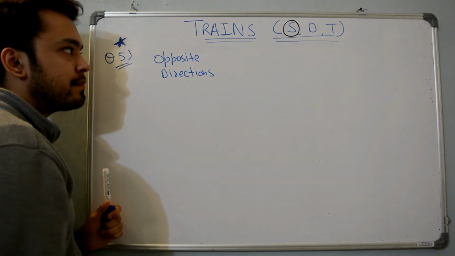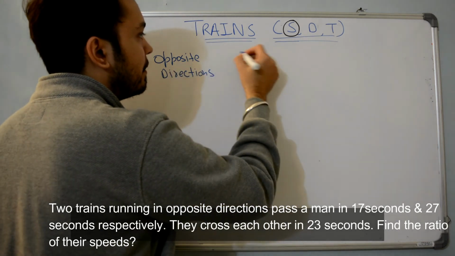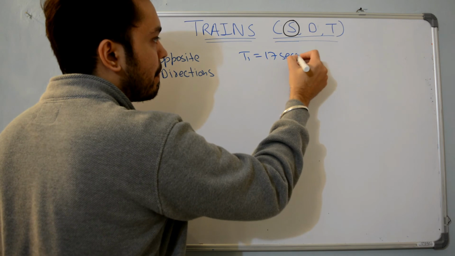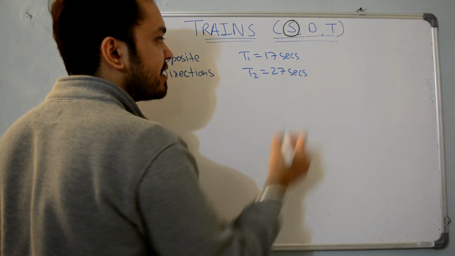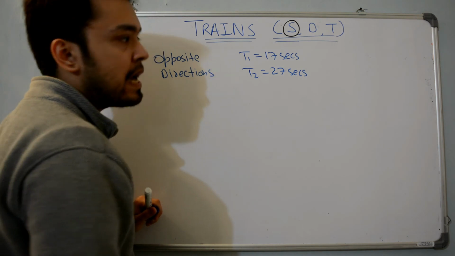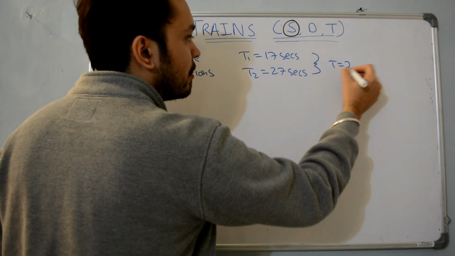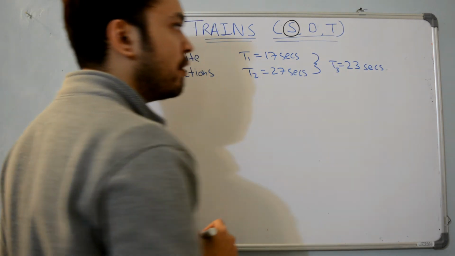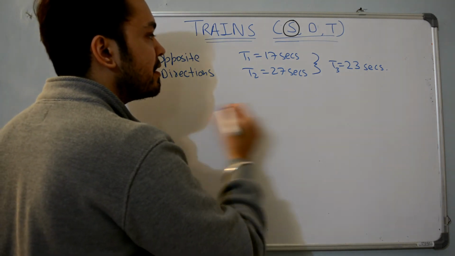Clear? And they cross a man in 17 and 27 seconds respectively, and they cross each other in a total time of 23 seconds, right? What you have to find is the ratio of their speeds.